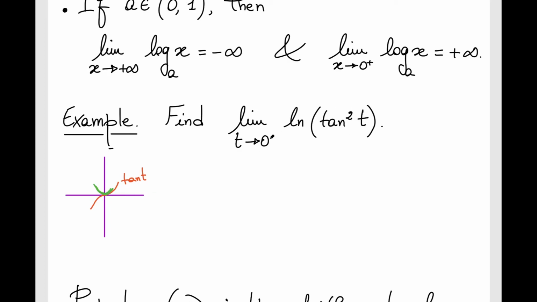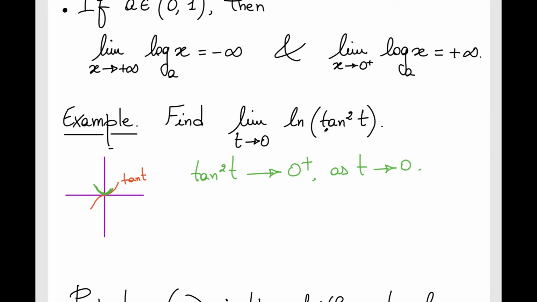And then the output of this function as t is approaching 0 is approaching 0 from above, right? The y values are approaching 0 from above, correct? So tangent squared t is approaching 0 from above, from the right, as t goes to 0. Agree with this?